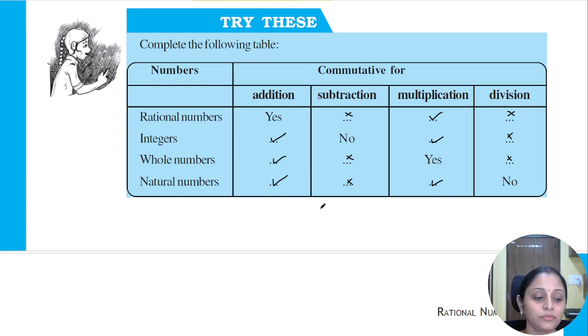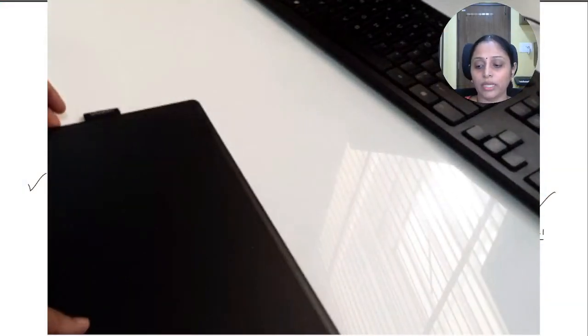Now here I would like to give a small activity to make you understand commutative property in a fun way. So let us look at this. I want you to take an A4 sheet.